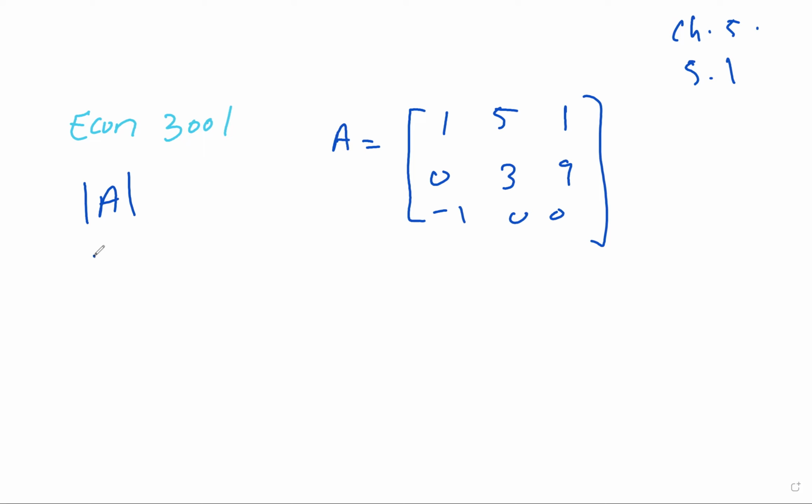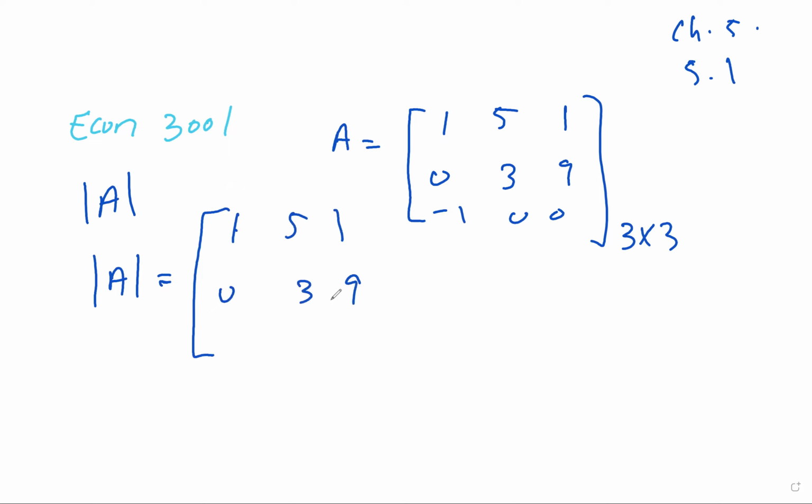To calculate the determinant, this has 3 columns and 3 rows, so this is a 3 by 3 matrix. We just write the matrix: 1, 5, 1, 0, 3, 9, minus 1, 0, 0.